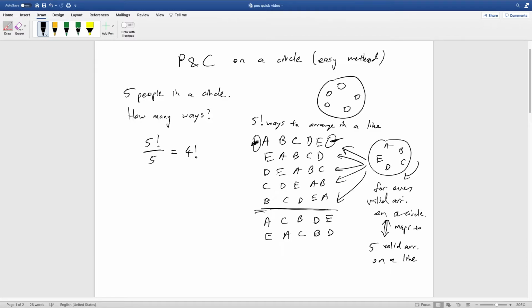One arrangement on the circle corresponds to 5 arrangements in a line. We have to divide this 5 factorial by 5, and hence we get 4 factorial.